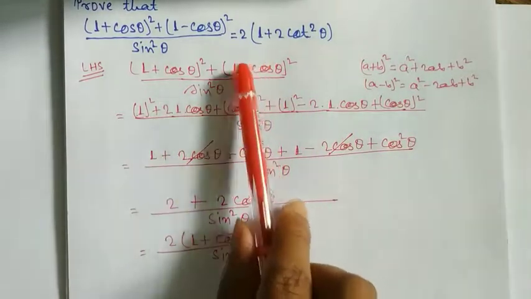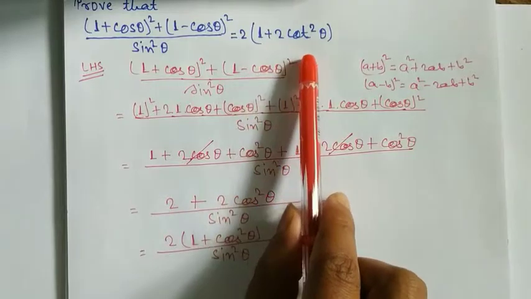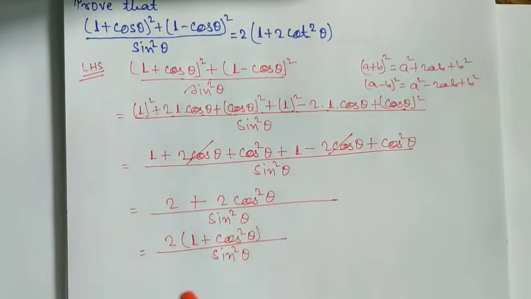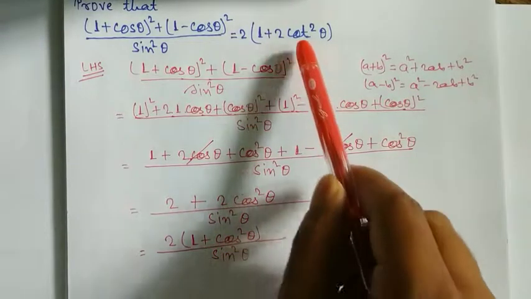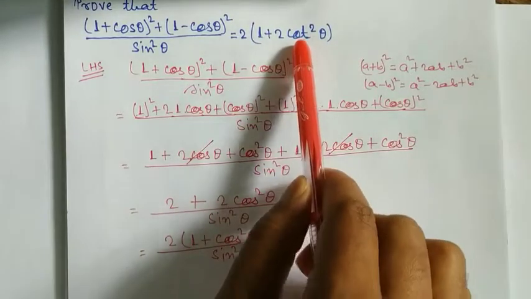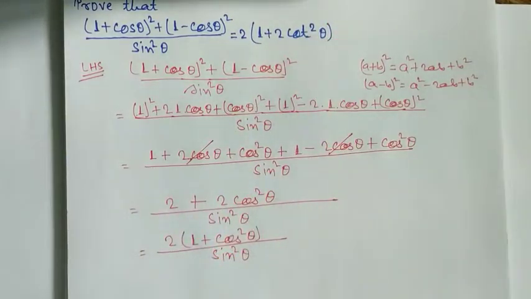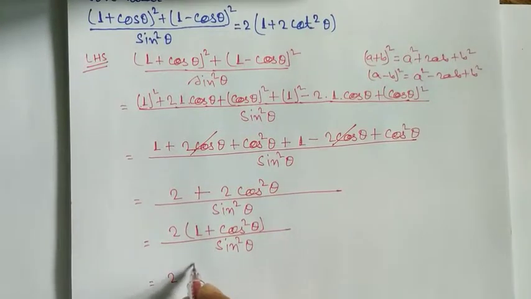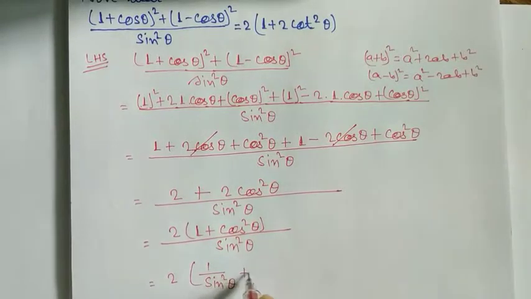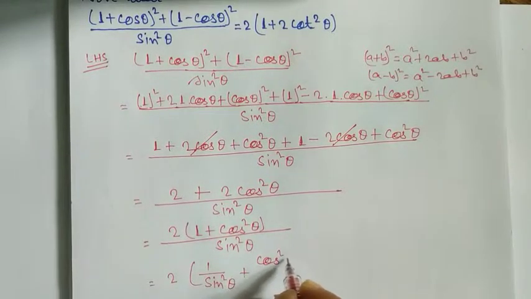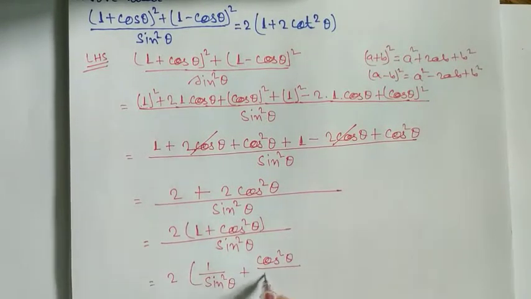But we have to prove 1 plus 2 cot square theta. So we have to try to convert this in the form of cot. What is the formula of cot? Cos by sin. So we can separate here. 2 into 1 by sin square theta plus cos square theta by sin square theta.